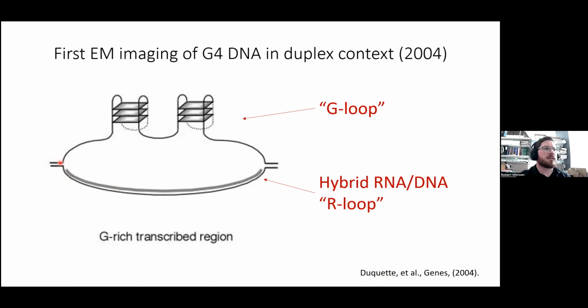And so what they did pretty cleverly was they did in vitro transcription of the complement strand to form what is a hybrid RNA-DNA or R loop. And by doing this, you can sequester that complement strand and displace the G-rich strand such that it can form quadruplexes and you might be able to visualize them.